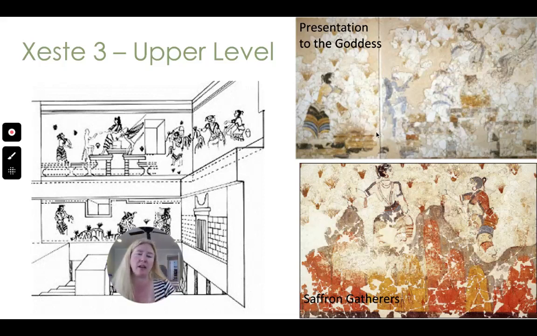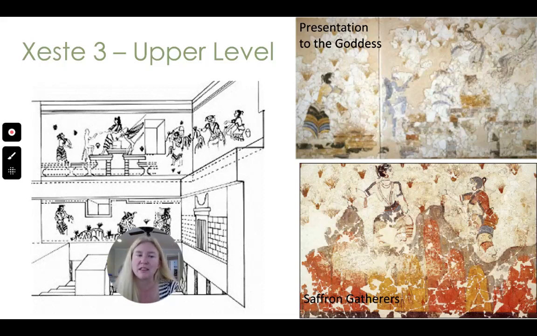So we are looking at some sort of religious festival, some sort of ritual, some sort of event. It involves crocuses, it involves young women, and it involves an offering to the Minoan goddess. That's about as far as we get, right?